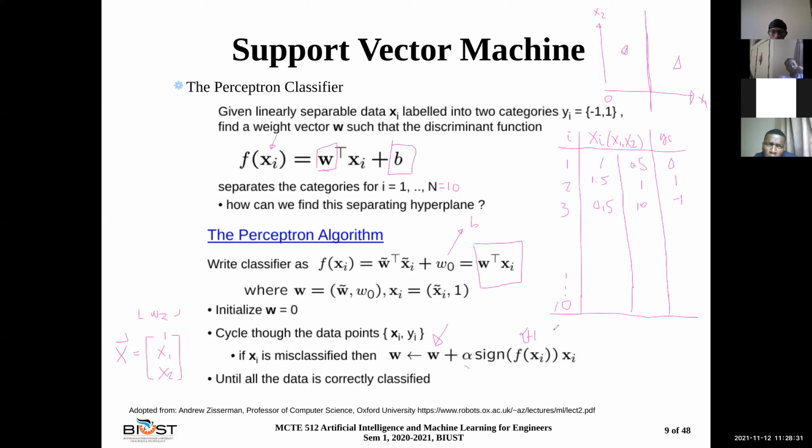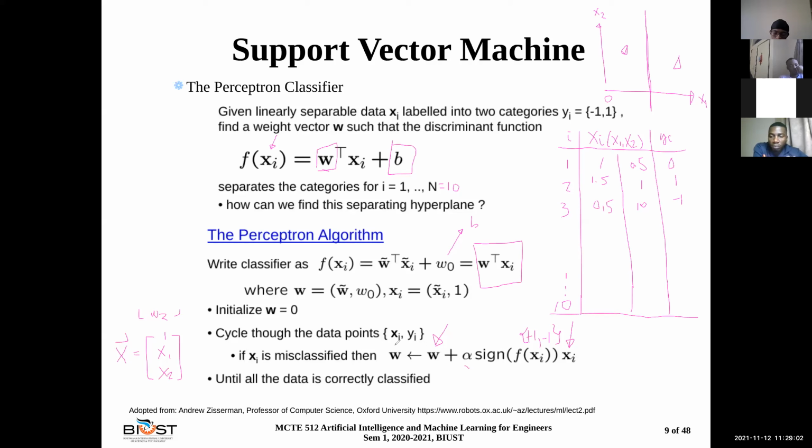That's the sign. There are two classifications, multiplied by your input Xi. If your Xi is misclassified, then you correct your W by some learning rate multiplied by the sign of the function of Xi multiplied by Xi, until all the data is classified. This is the way Perceptron does it.